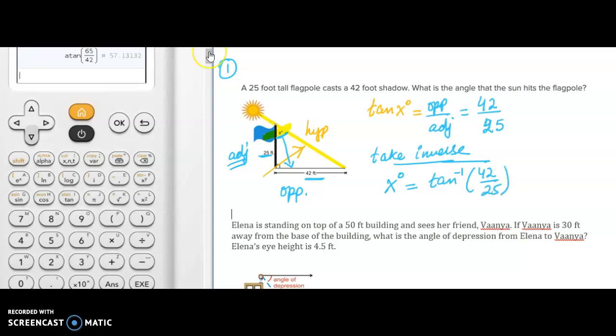Now let's move on and use the calculator. Shift tangent and then plug in the value 42 divided by 25. Press OK. What is the answer? 59.2. So I would say x degrees is approximately 59.2 degrees. That is what we are looking for.